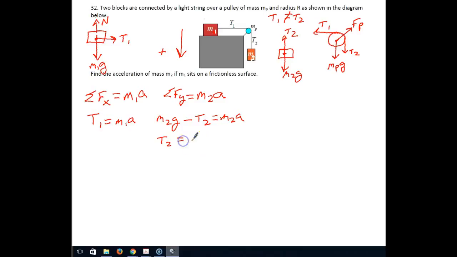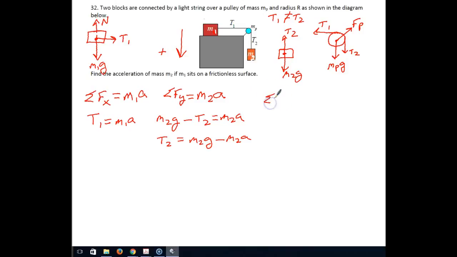So T2 here is going to equal m2g minus m2a. Notice that the T2 here is negative, so I moved it to the right, and then I moved the m2a to the left, and that's why you see what you do. The last thing we need to do is figure out, for this pulley system, the sum of the torques.